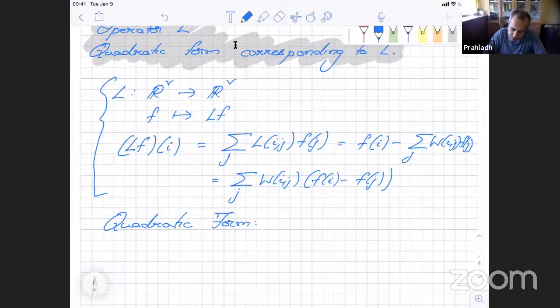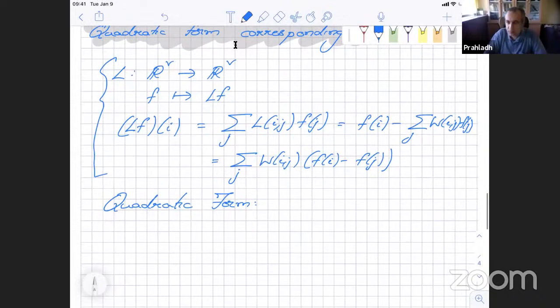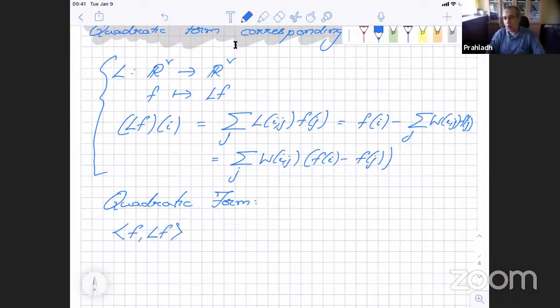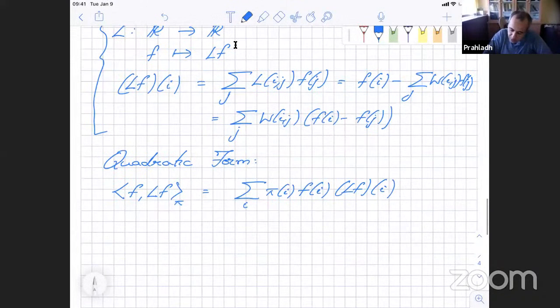So looking at FLF. But we'll work always with, now this will work with the pi inner product. So what is this? This is by definition summation over I, pi I, Fi, Lfi. Now I'll use whatever we defined in the operator to write this down.